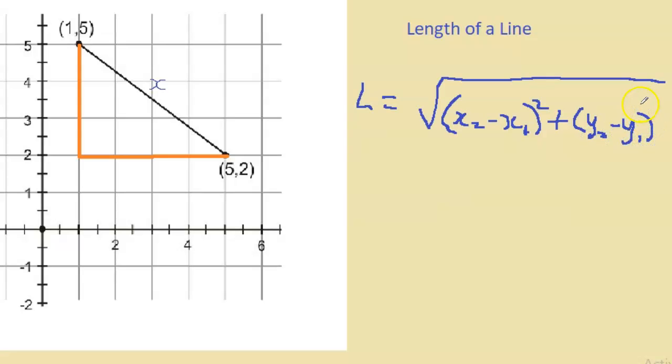So that's the official formula in coordinate geometry for the length of a line. I just want you to realize that this formula comes directly from Pythagoras theorem.